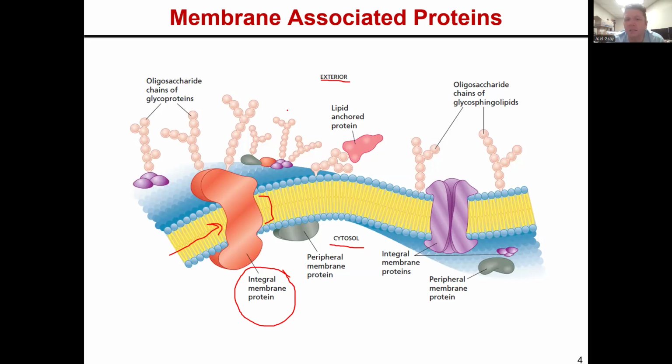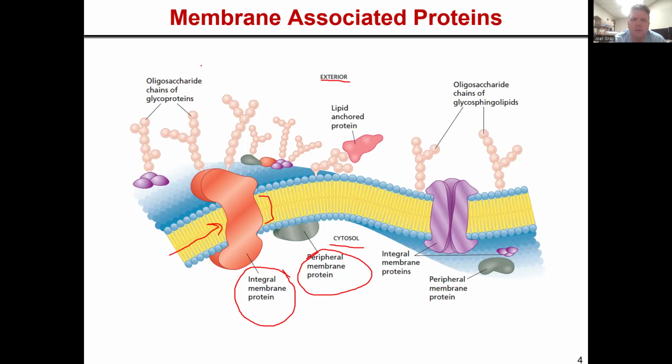So there are some proteins that span that membrane. Then there are proteins known as peripheral membrane proteins. These peripheral membrane proteins don't span the membrane. They're basically anchored to one side of a membrane. In this case, we've got them anchored on the interior, the cytosolic side, the inner leaflet.